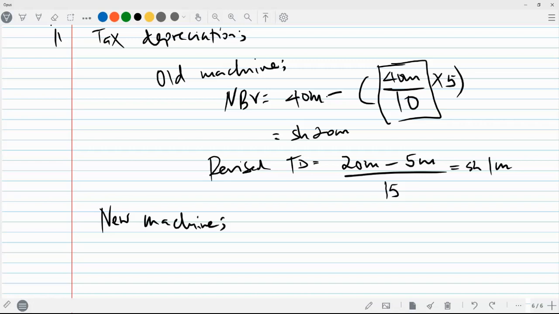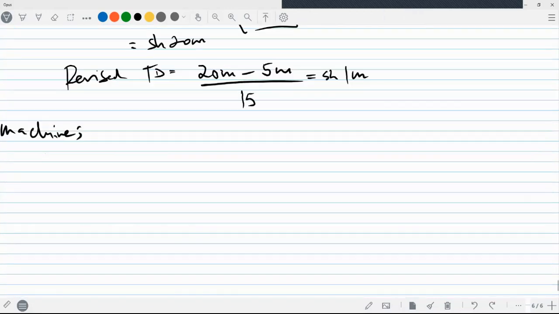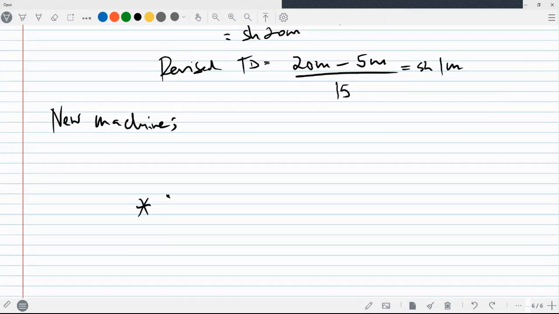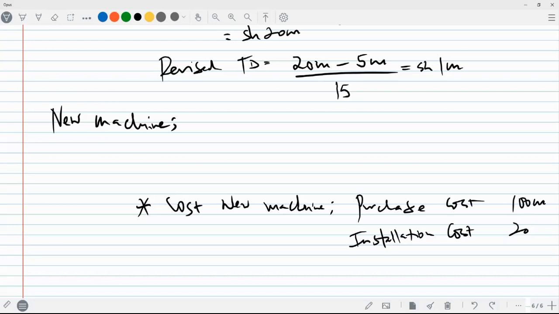The new machine has been bought at a purchase cost of 100 million, with a cost of installation of 20 million. So let me just do a small working here. Cost of the new machine is the purchase cost, which is 100 million, plus the cost of installation, 20 million.